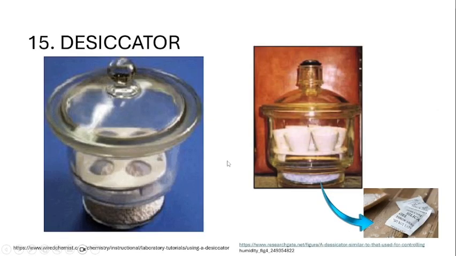Next, we have the desiccator. So it is a glass container which is sealed, and it is used to preserve moisture-sensitive substances. So it is used to maintain low humidity, and it is used to dry samples. So if you notice, there is material below.